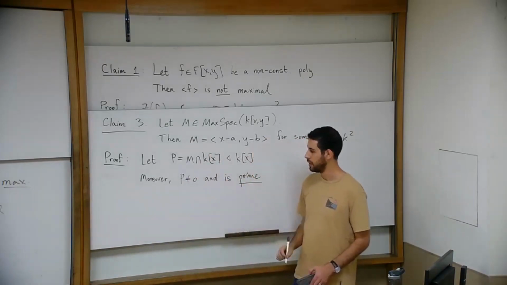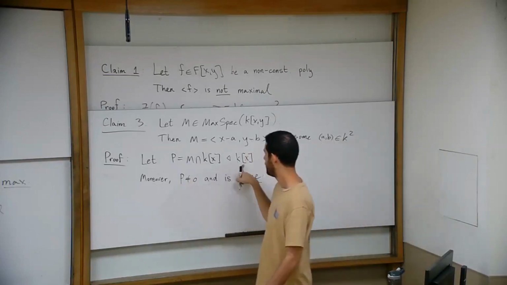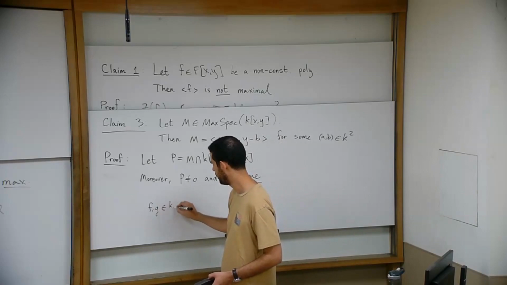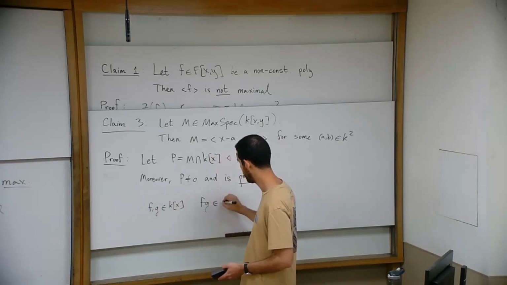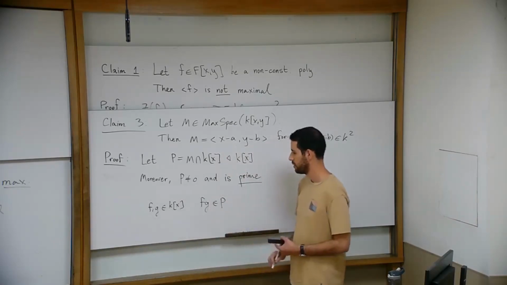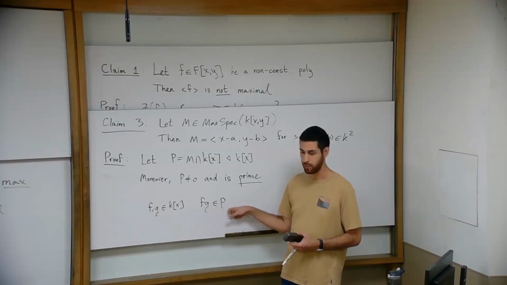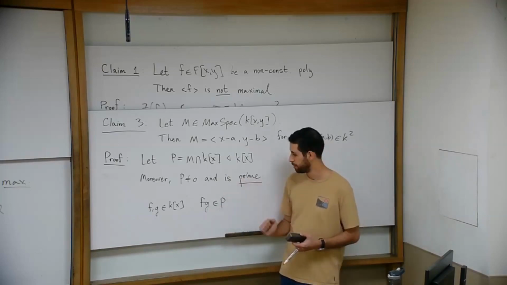So why is it a prime ideal? One way is just to check the definition. So suppose that f, g in K[x] are such that fg belongs to P, and we want to show that either f belongs to P or g belongs to P. This will establish that P is a prime ideal.